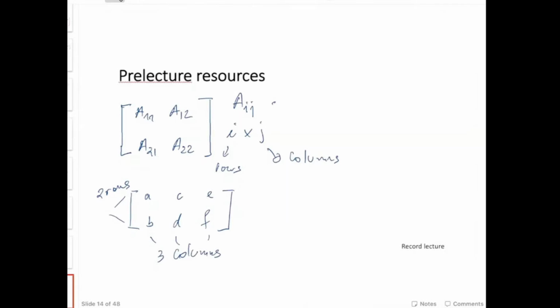That is why the dimension of this matrix will be 2 by 3. And we call the elements ii the diagonal of the matrix. And then we also have the trace: if this is matrix A, the trace of the matrix is just the sum of the diagonal elements of A.